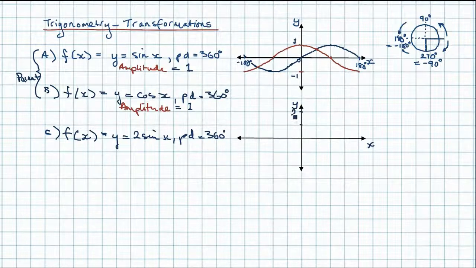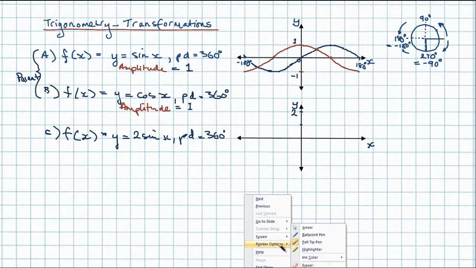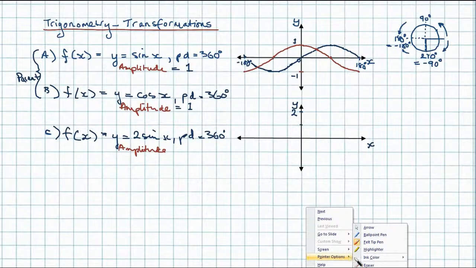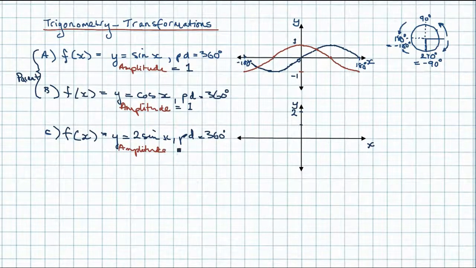So the new amplitude, when y equals 2 sine x, equals 2. If that means marking off 2 on the y-axis, it also means marking off -2 down here. But the period has remained between minus 180 degrees and 180 degrees, like that. Now it just remains for us to draw our graph.